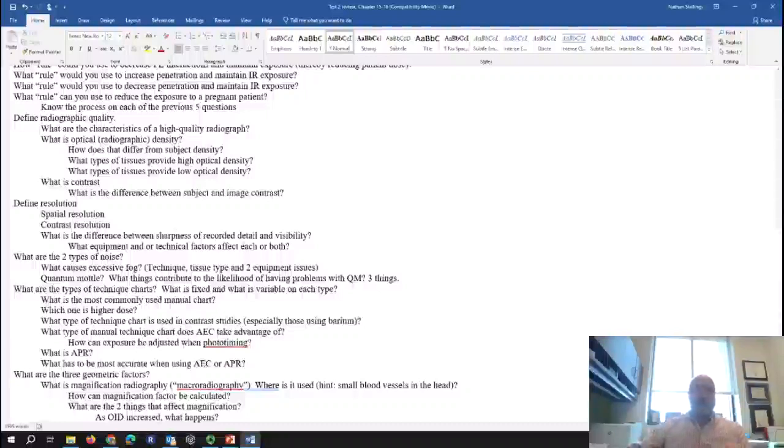So the difference between those is just that. Recorded detail is the actual lines, and visibility is whether or not you can see it. So the analogy I like to make on this is that you get up and go to clinicals on a clear morning, you can see everything that's in front of you very well.